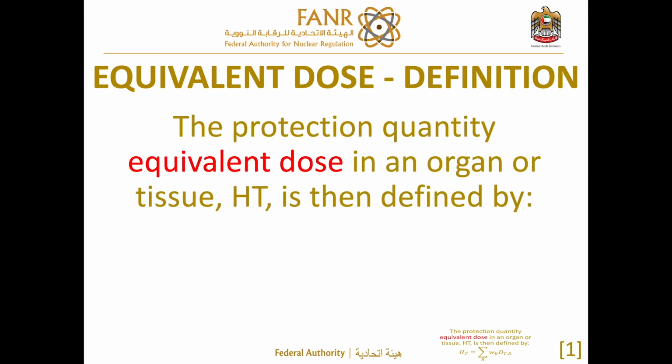The protection quantity equivalent dose in an organ or tissue is defined as the sum over that tissue of all the radiations depositing a certain absorbed dose multiplied by the corresponding weighting factors. Okay, don't be intimidated by this summation.